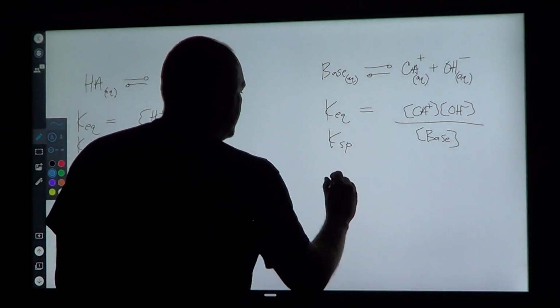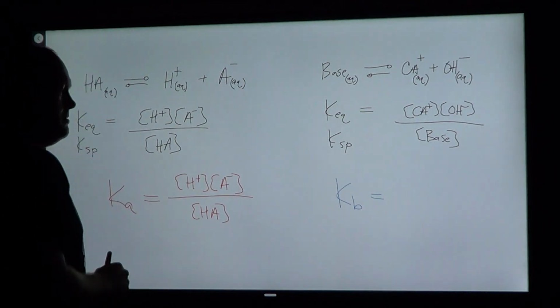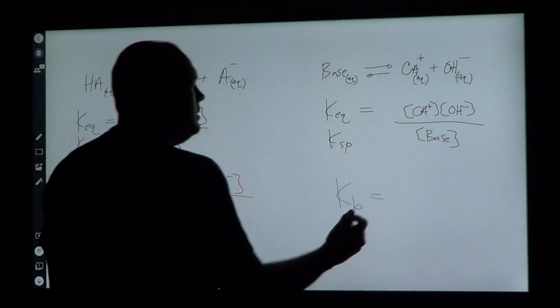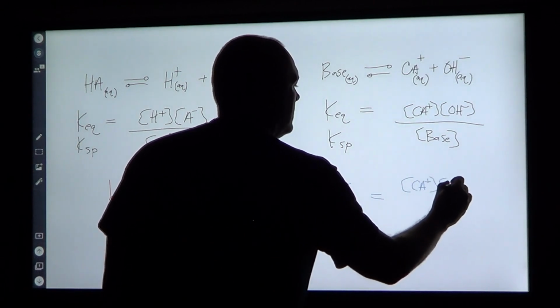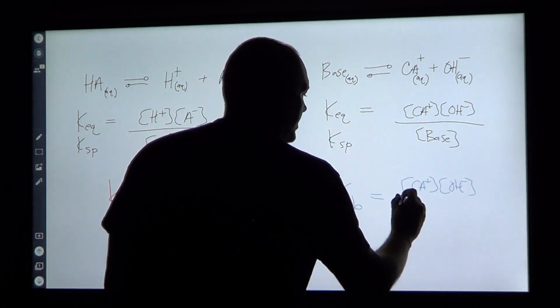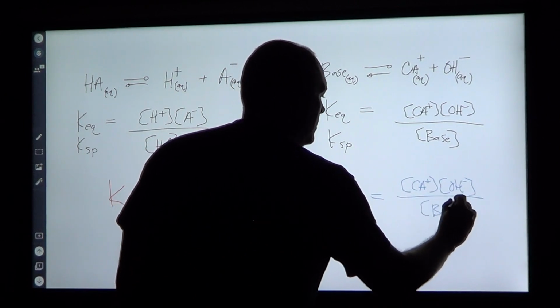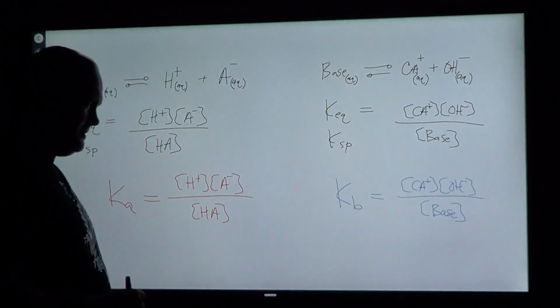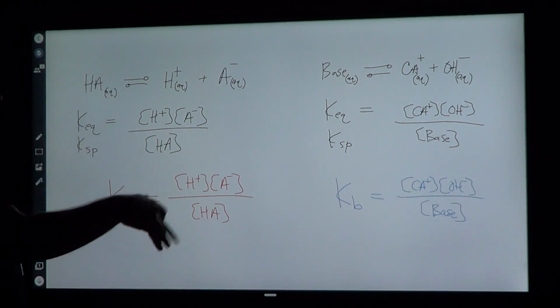But again, it's such a special one that we give it its own symbol, Kb, which is always the concentration of the conjugate acid times the concentration of the OH divided by the concentration of the base.